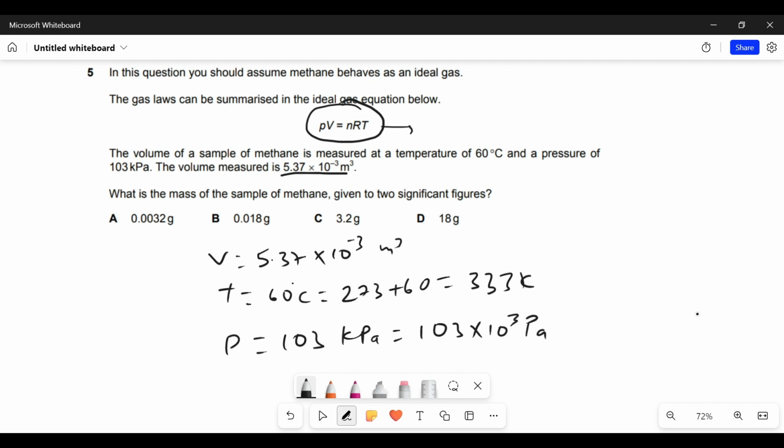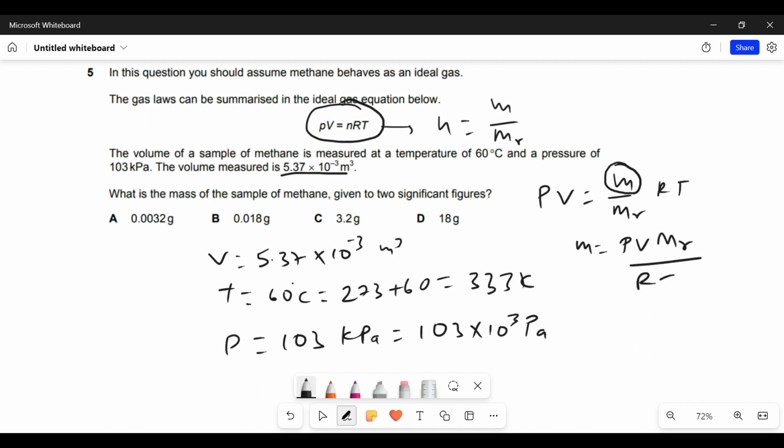Now we know that PV equals nRT. n is equal to mass upon molar mass. So I can rewrite this equation as PV equals mass upon molar mass into RT. Since we need to find out mass of the gas, I can transpose the rest of the variables. m is equal to PV into Mr upon RT.